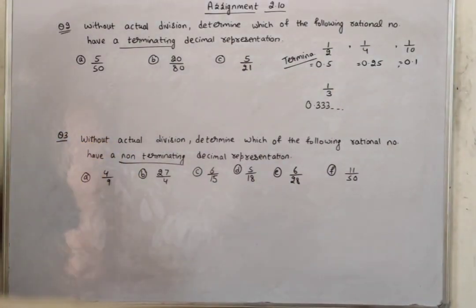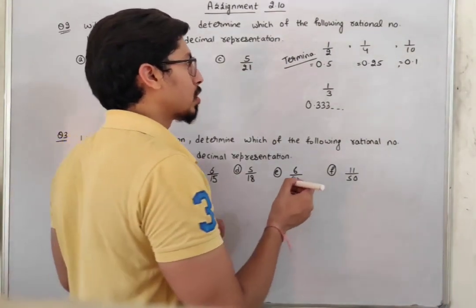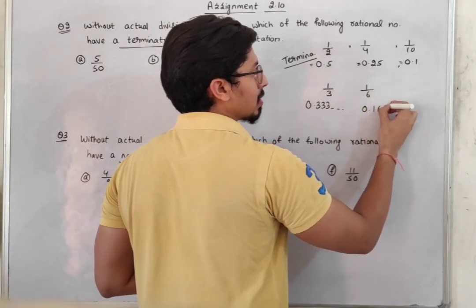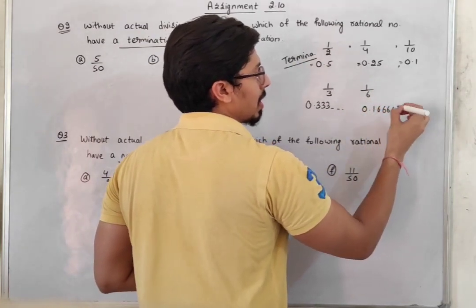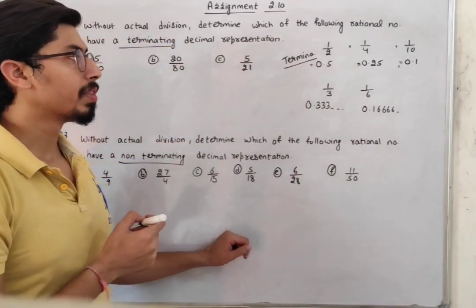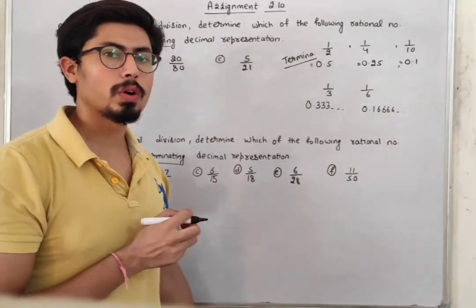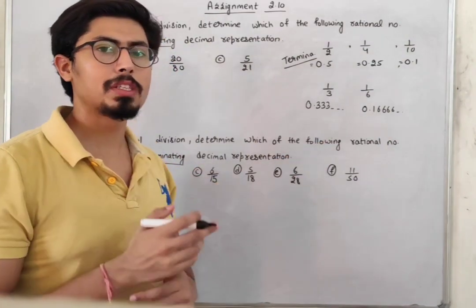Similarly, if I take 1 by 6, students, it will be 0.16666 and so on. Here also we can't find the exact value, because the remainder will never be 0.